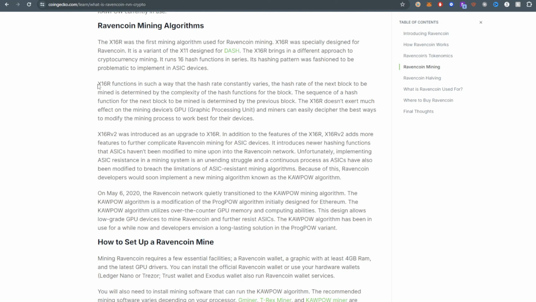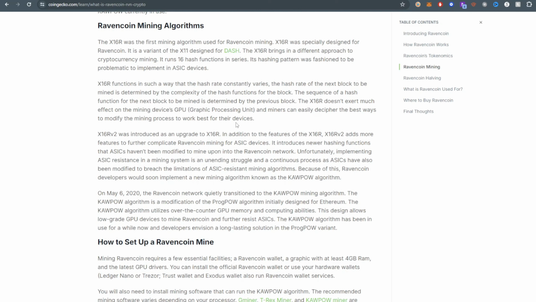So, X16R functions in such a way that the hash rate constantly varies, and the sequence of hash functions for the next block to be mined is determined by the previous block. So it doesn't exert much effect on the mining device's GPU, and miners can easily decipher the best ways to modify.